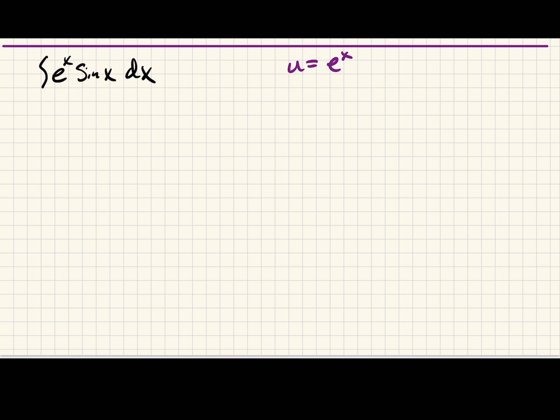So u equals e to the x, dv is sine x dx. Now du then would be e to the x dx. V would be minus cosine x.